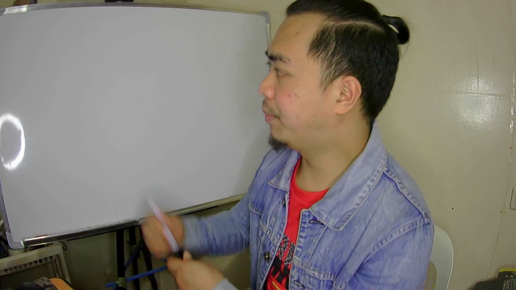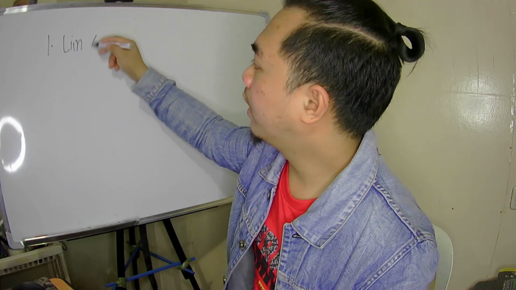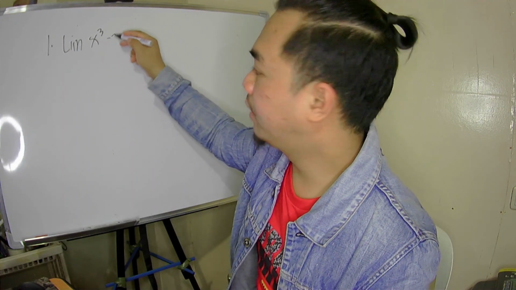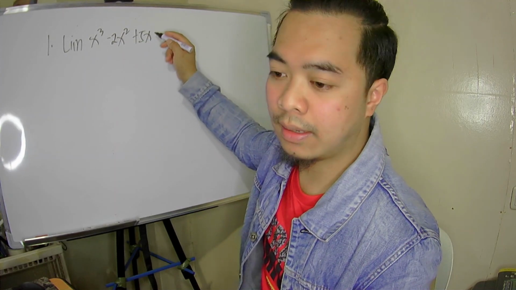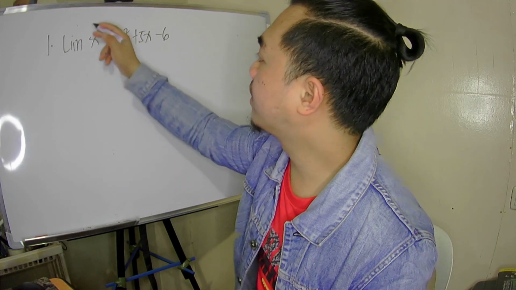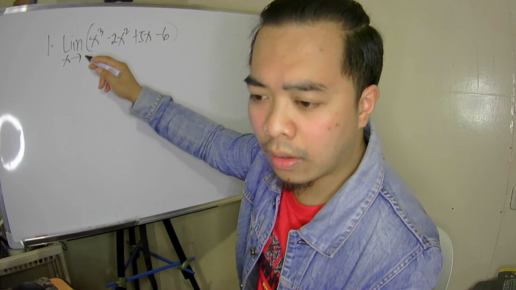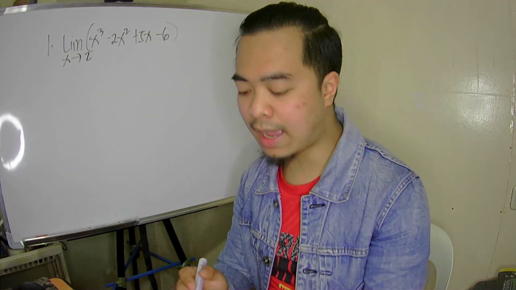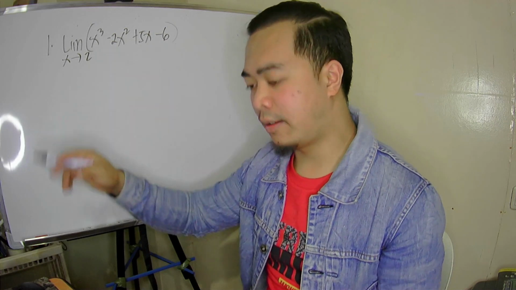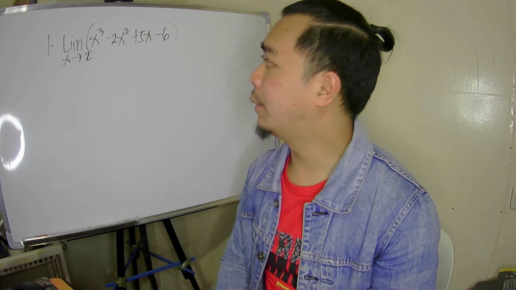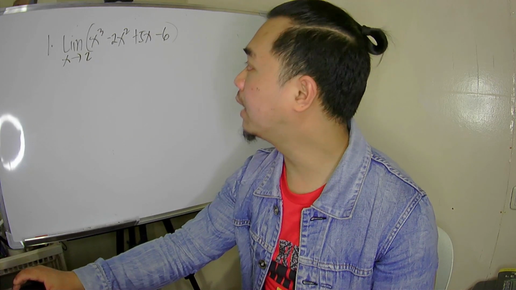The first problem is the limit of x cubed minus 2x squared plus 5x minus 6 as x approaches 2. So it's a general limit. I'm not asking for a left-sided or a right-sided limit, but a general one. This is a polynomial, so the strategy we can apply is substitution.